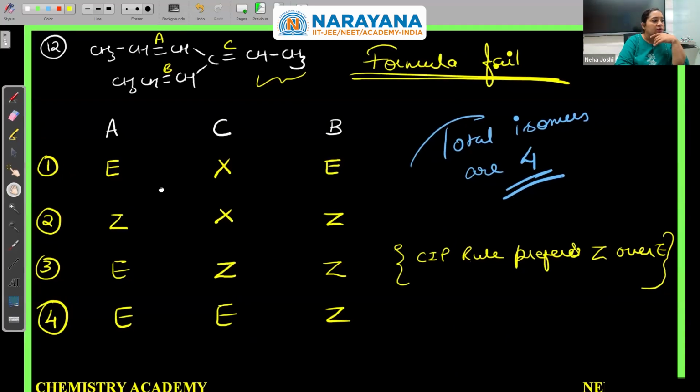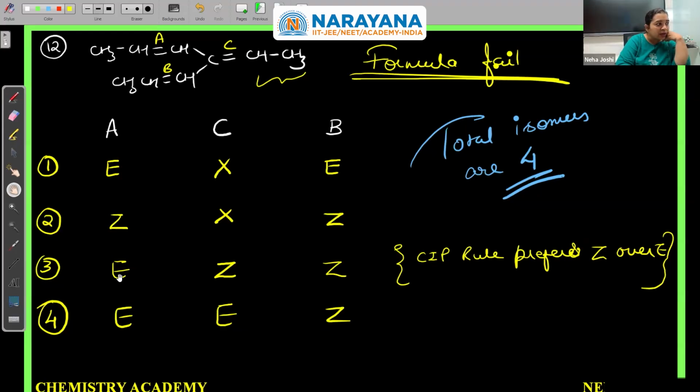See, this is how it should be done. Is that absolutely okay? Total isomers are 4 for this particular molecule. Okay. Now here I wrote this, that CIP rule preferred Z over E. It does not mean that the bond C, which I have marked here, has an identical set of groups as A above and B below.